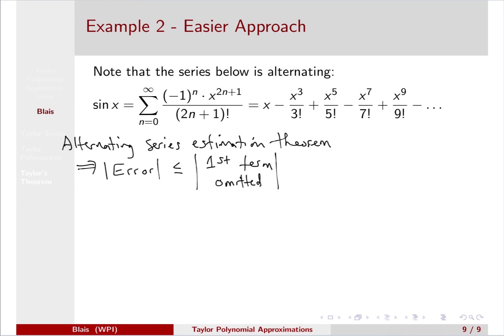In this case, we were using the 7th degree Taylor polynomial, and our first omitted term is x to the 9th over 9 factorial.